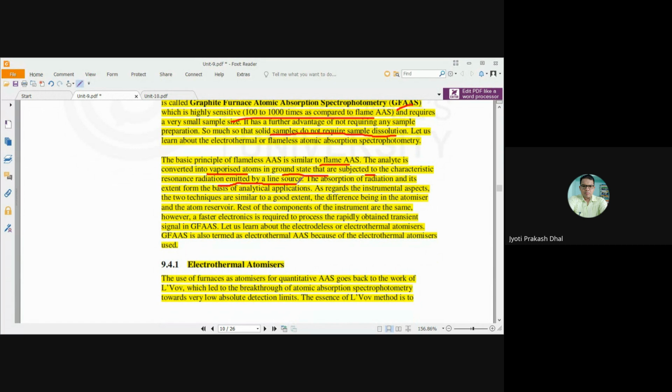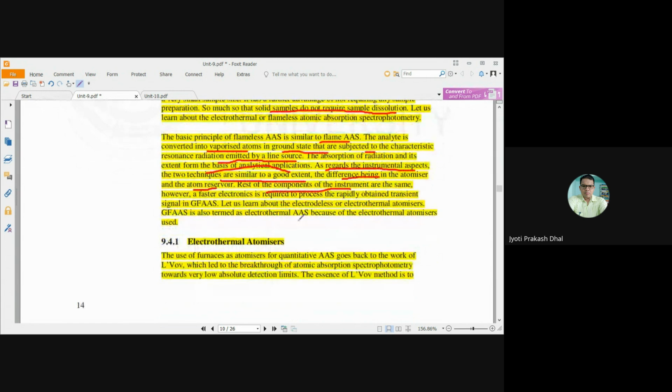Initially the analyte will be converted into vaporized atoms, and as the temperature in this stage will be low, the electrons present in the vaporized atoms will be in the ground state. The absorption of the radiation extends to the basic analytical application. As regards the instrumental aspects, the two techniques are similar to a good extent, the difference being in the atomization and the atom reservoir. The rest of the components of the instrument are the same.